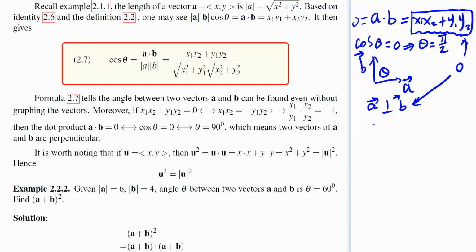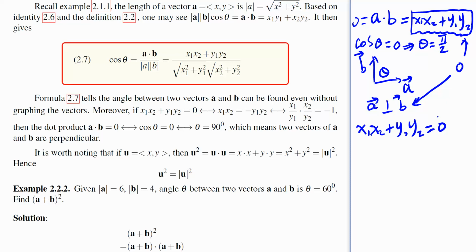Okay, so down here, what's the meaning if x1 x2 plus y1 y2 is 0?